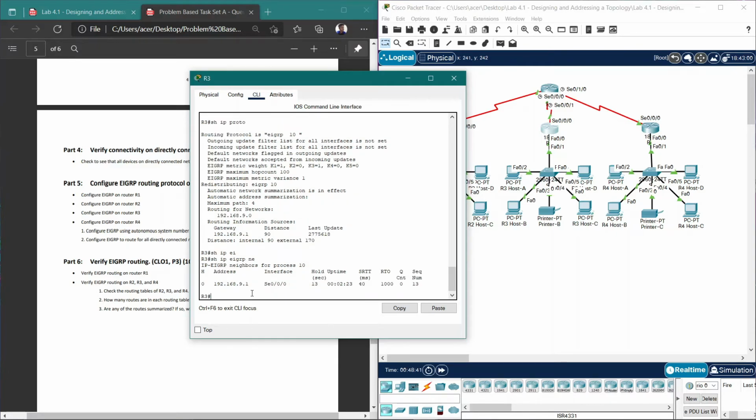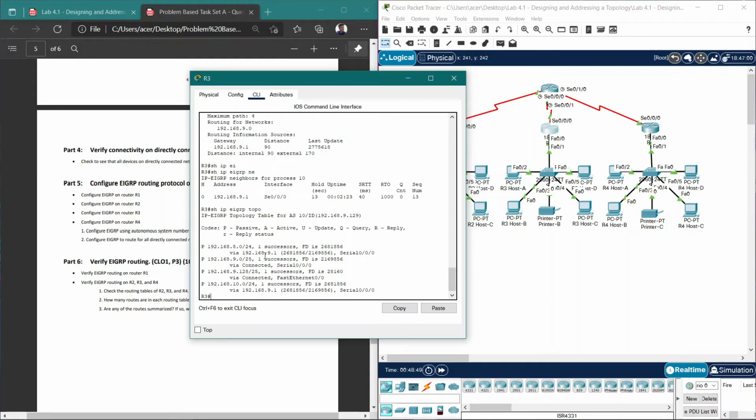For the neighbor, we can also see the 9.1 interface, which is the R1 interface. And finally, the topology. There are also four connections, two directly connected and two from the serial interface 0/0/0.